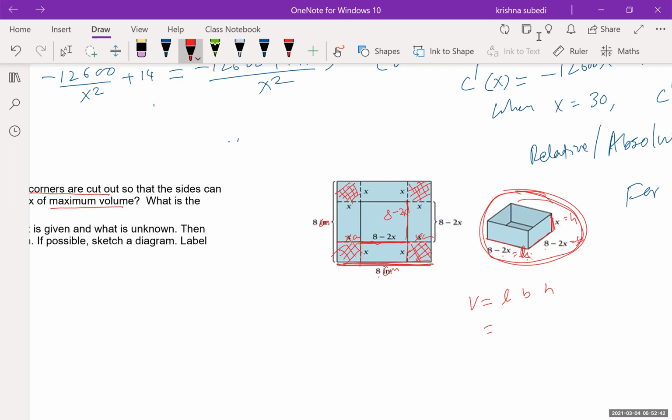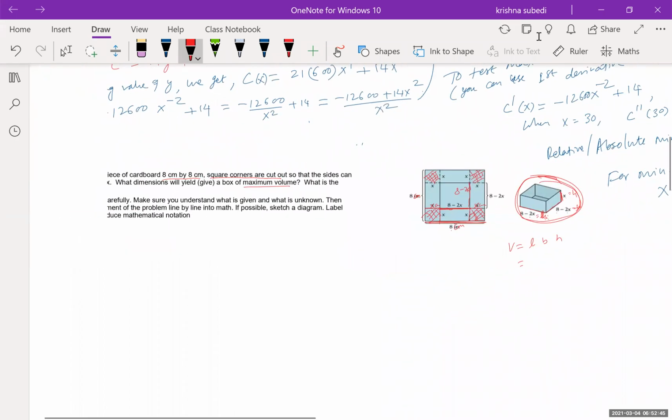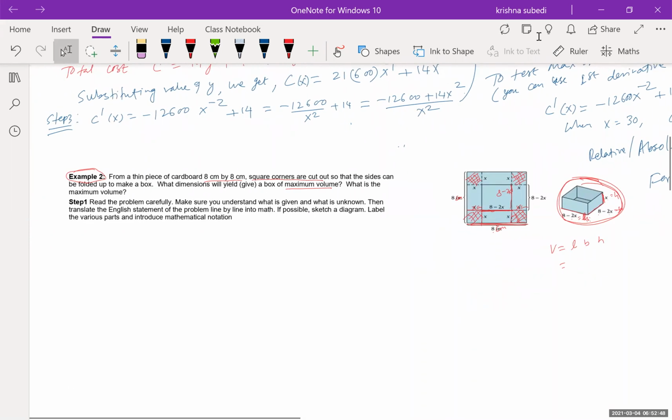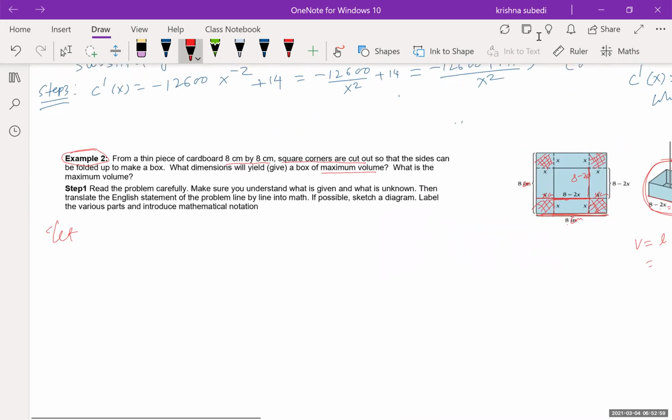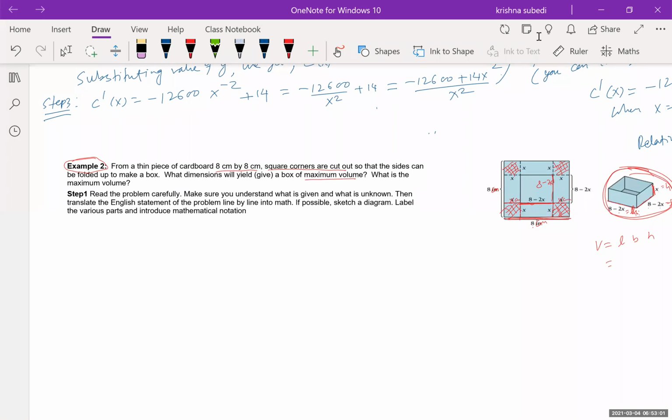Now let me write it down here. Step 1 is done. So what is given? Well, it's 8 centimeter. Let the square corner that is cut out equal x centimeter.